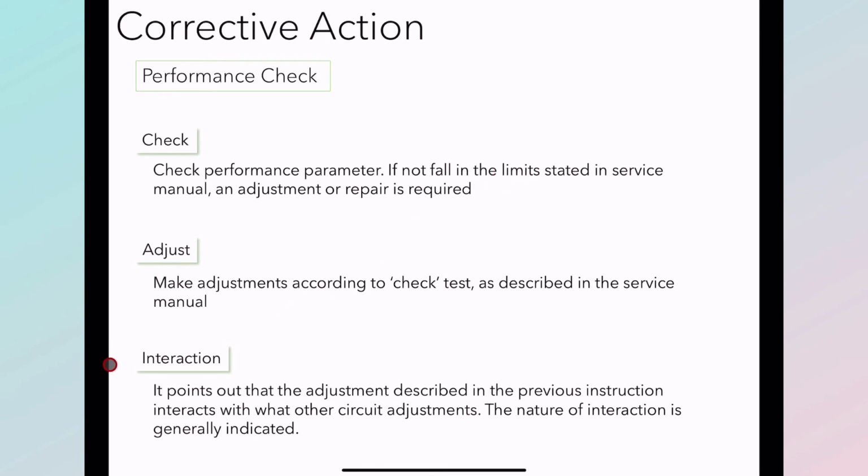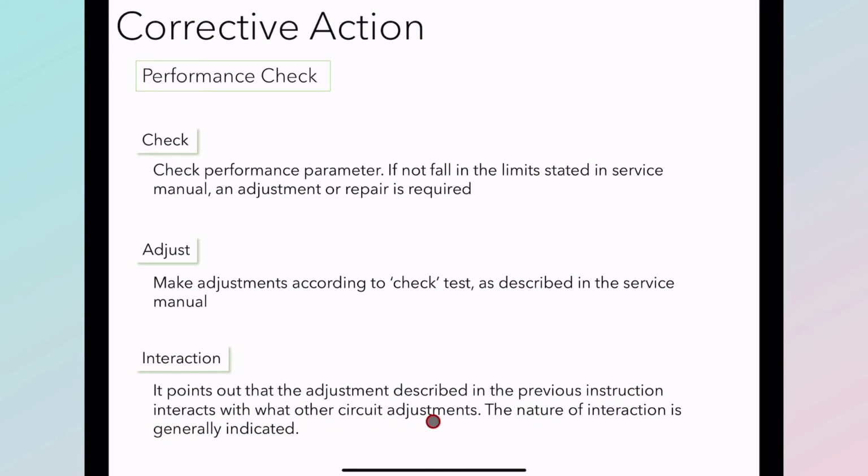And then there is an interaction. It will be mentioned in the service manual that when certain types of adjustments are made, those adjustments will have certain types of interactions with other parts of the circuits. It points out what adjustment described in the previous instruction interacts with what other circuit adjustments.